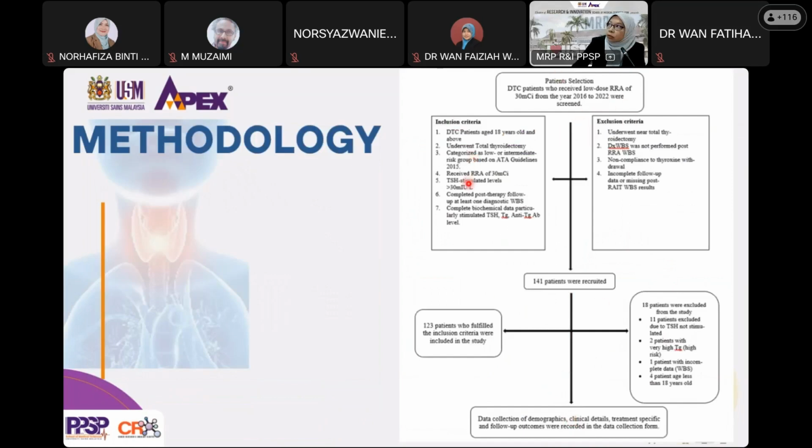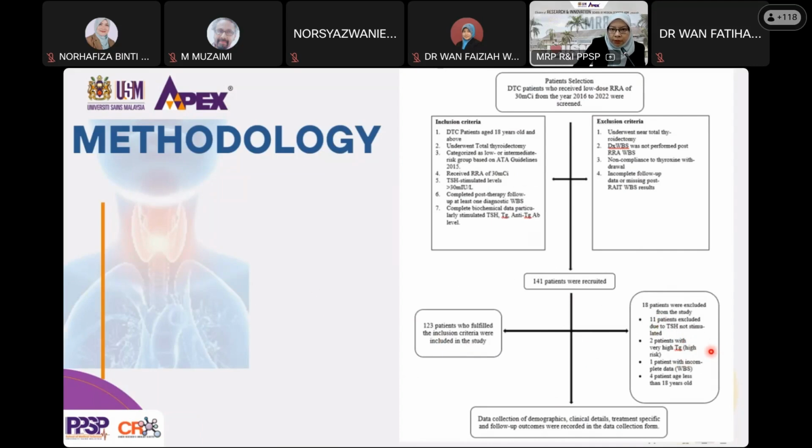This is the inclusion criteria and this is the exclusion criteria. 151 patients were recruited in our study. However, only 133 patients who fulfilled the inclusion criteria were included. Another 18 patients were excluded because 11 patients had TSH not stimulated, where the TSH was less than 30, and 2 patients with a very high TG, which we consider high risk.